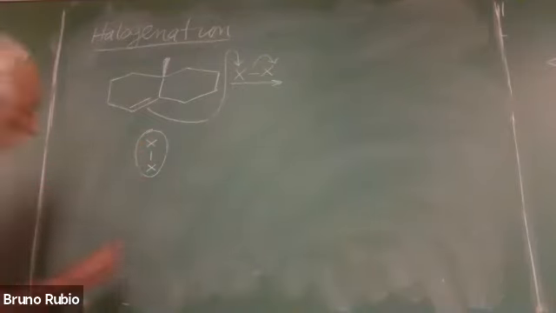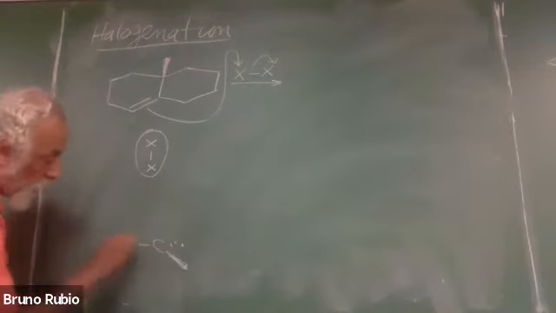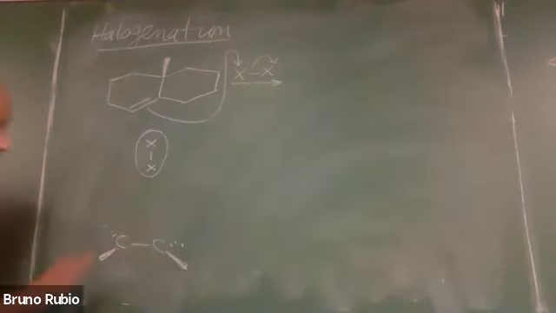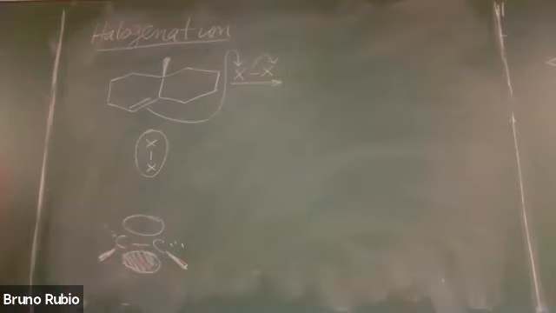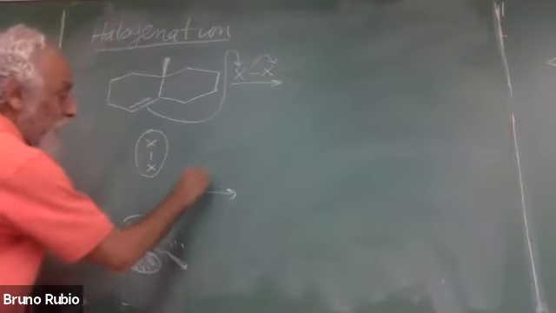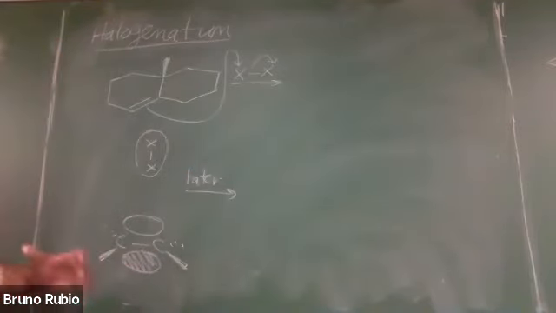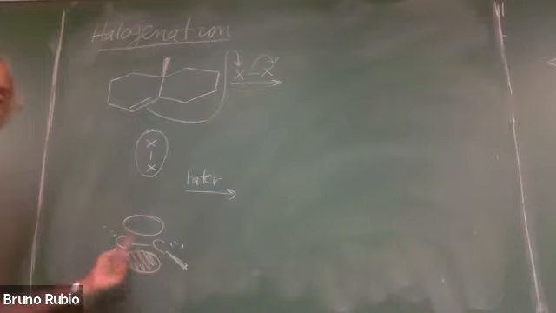But now, when the alkene gets into the picture, the alkene and its pi orbitals, that's the pi orbital of the alkene. As the alkene approaches X2, what is going to happen is that negative hates negative. These circles represent electrons, they're negative.